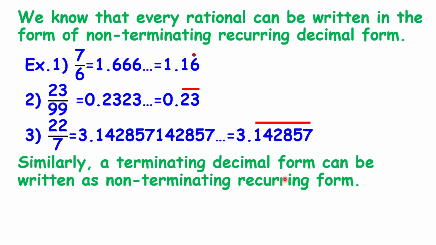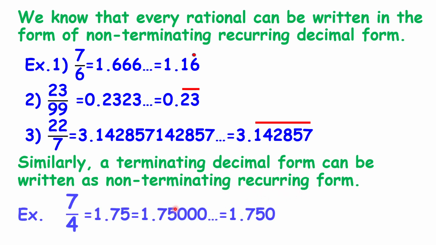Similarly, a terminating decimal form can be written as a non-terminating recurring form. Example: in 7 upon 4, if we divide 7 by 4, the answer is 1.75. Here the process of division is completed and the remainder is 0. This number is called the terminating decimal form.